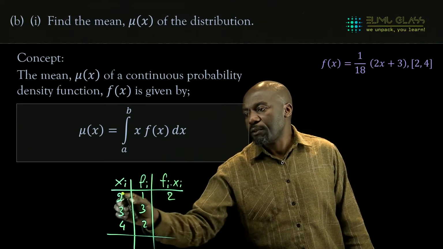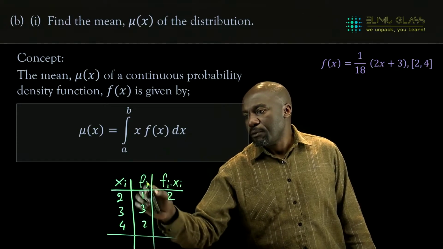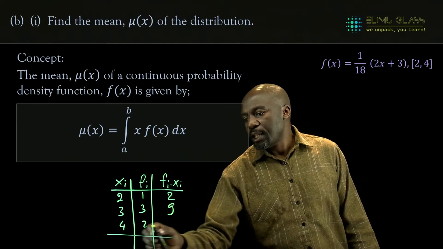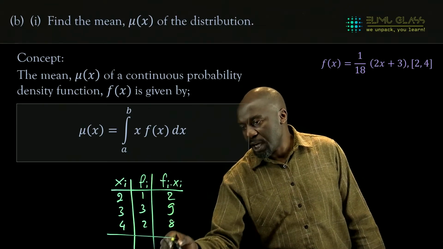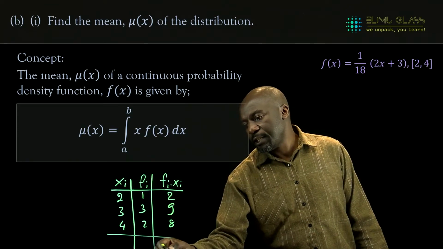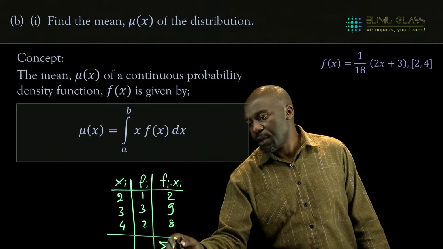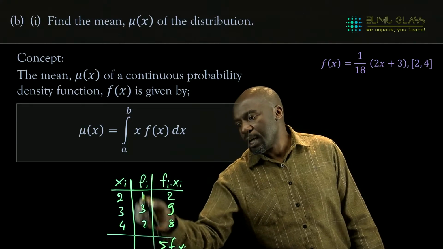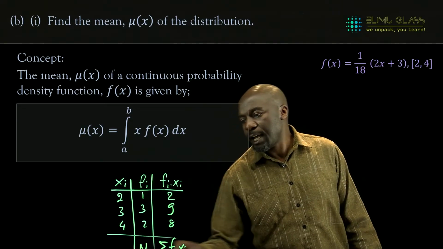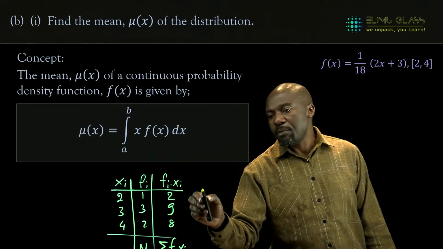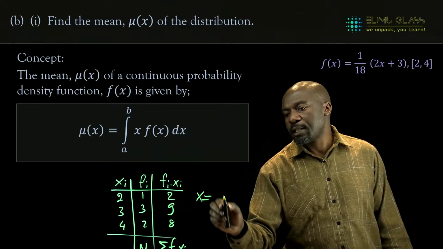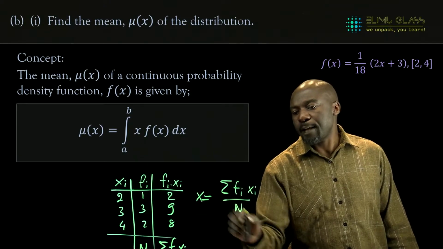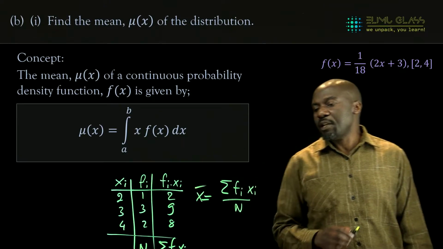That's the product of x and f, the value of x and its frequency. This would give me 9, that would give me 8, and then I would add this. This is 19. So the sum of f times xi, and the sum of f is what gives us n, and we know that in this case the mean is calculated as the sum of fi times xi divided by n. Okay, this is how we find the mean of the distribution.